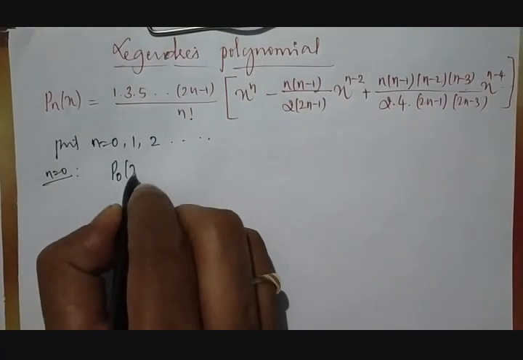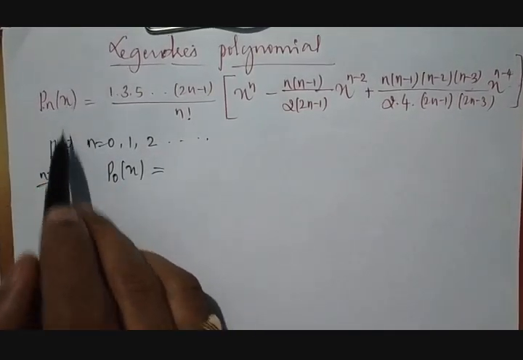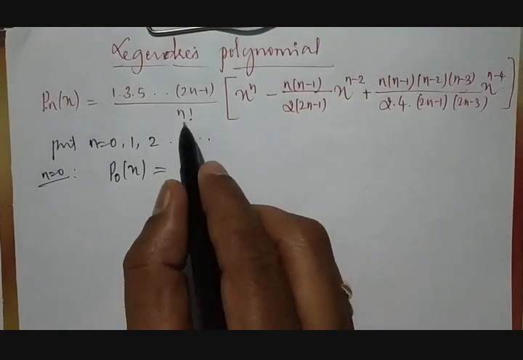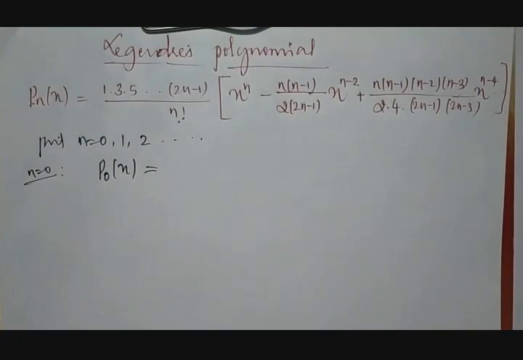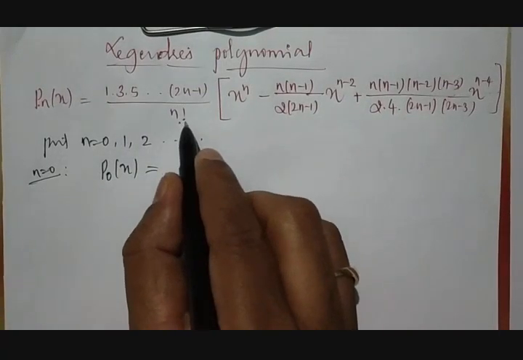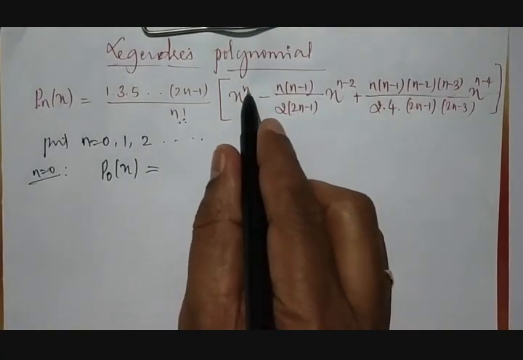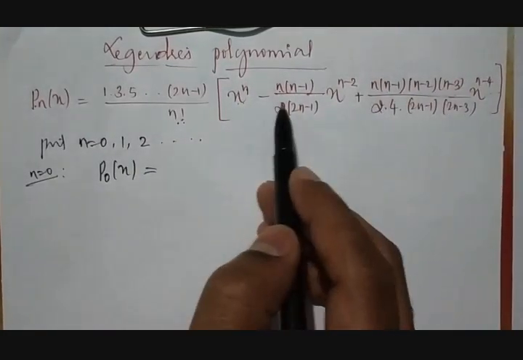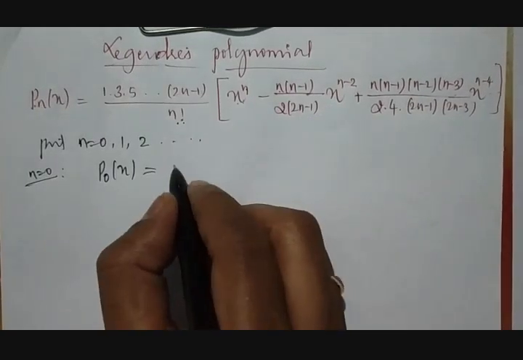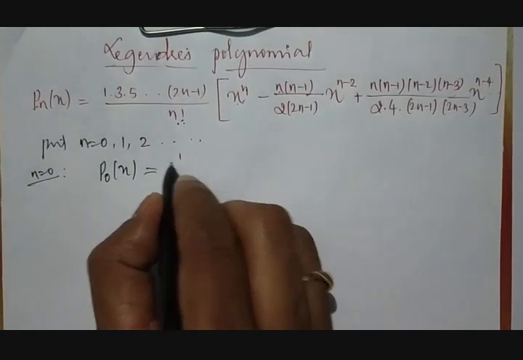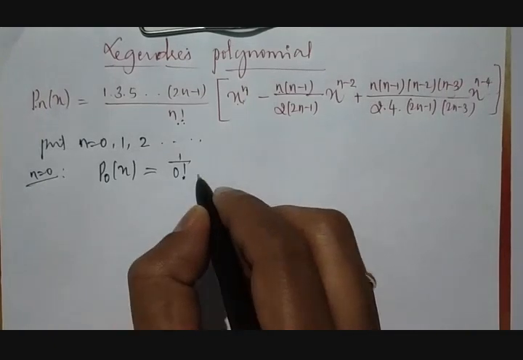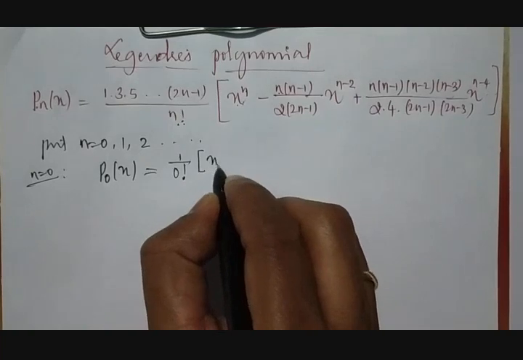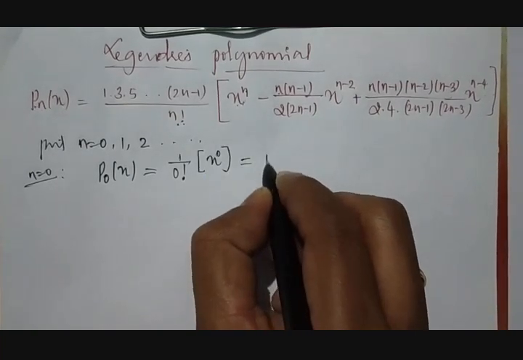then we will be getting p naught of x. Here n is equal to 0. Then what happens? Here something divided by 0 factorial, that will be equal to 1. Then x raised to 0 will be equal to 1. And since n is 0, these terms become 0. Then finally what we get? We will be getting 1 divided by 0 factorial into x raised to 0, which is nothing but 1.